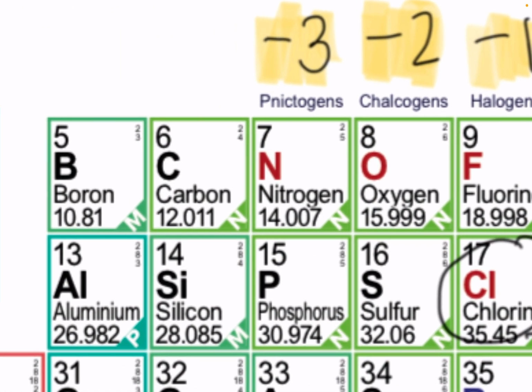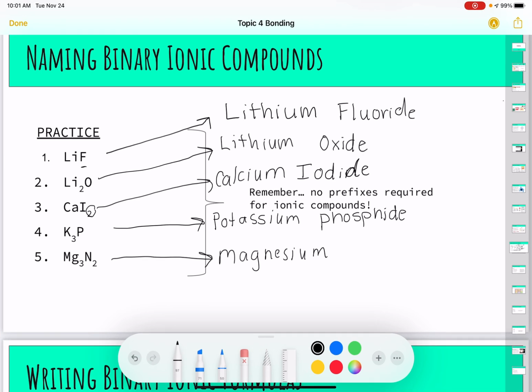It's nitrogen. As you get more used to the periodic table, you might not even need to look them up. You'll start to remember the symbols that correspond with different elements. So magnesium, nitrogen, not done yet. We've got to change that ending. So it becomes nitride. So that is that one. That is our practice on our ionic naming.